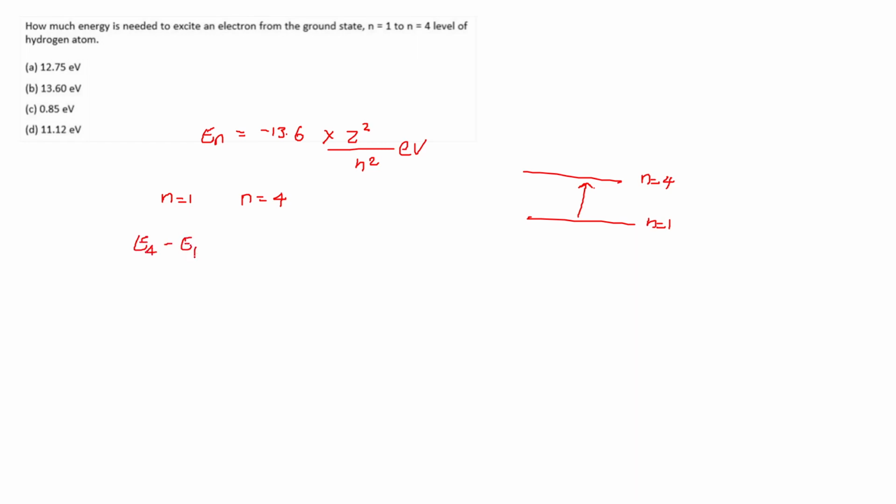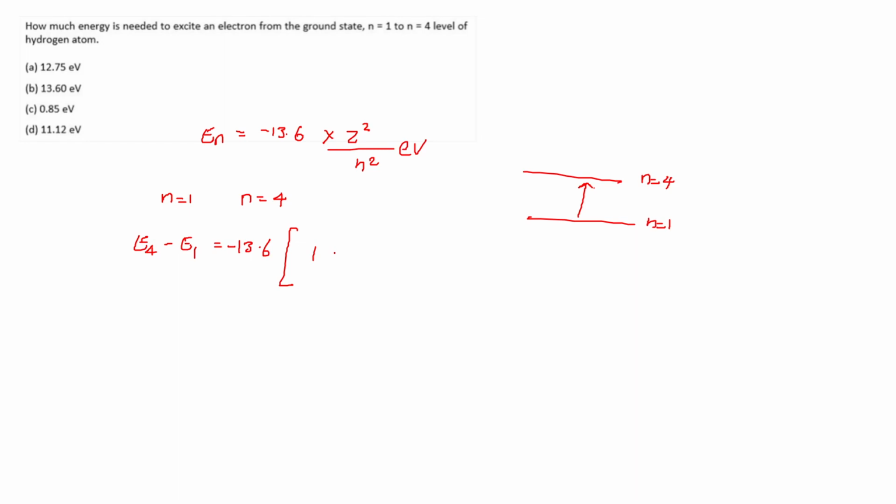So we know that hydrogen atom energy En is equal to minus 13.6 into Z squared by n square electron volt. So whatever they given, n is equal to 1 and n is equal to 4. So we have to write E4 minus E1, that is equal to minus 13.6. Here it's hydrogen atom, so Z will be 1.